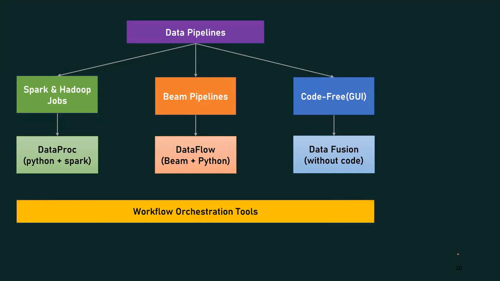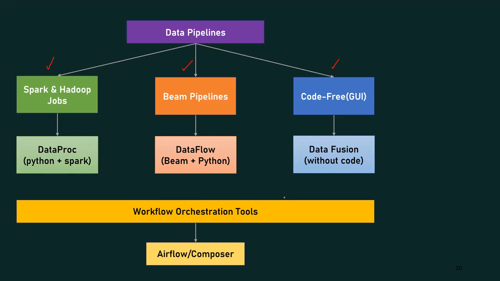And then for managing, for example, you have created pipelines here, you have created pipelines here, you have created pipelines here. So you need to orchestrate them. Orchestration means manage the pipelines, monitor the pipelines, schedule the pipelines. If you wanted to do it, we need to learn about a workflow orchestration tool. One of the common tools is Airflow or Composer.